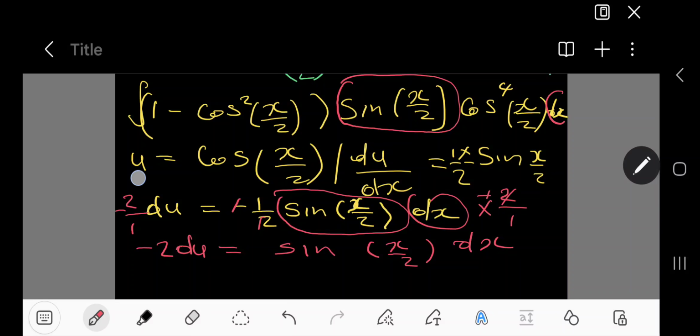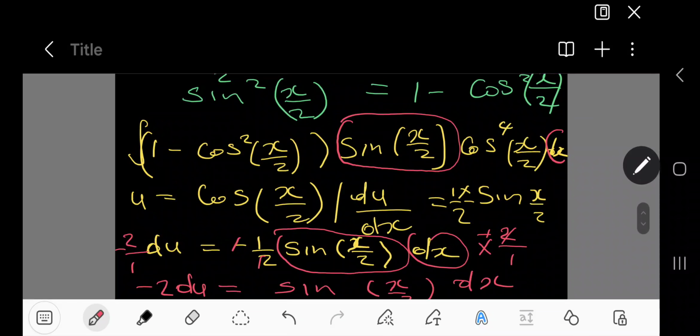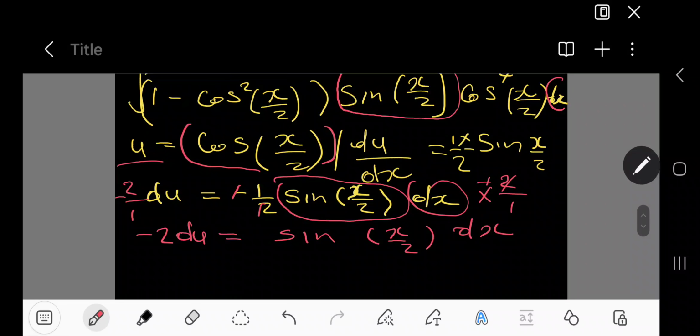And we would substitute cos x over 2 with u. Let's do that. So we have 1 minus u squared, and that one is substituted also with u raised to 4, and the sine x over 2 dx is substituted by minus 2 du.